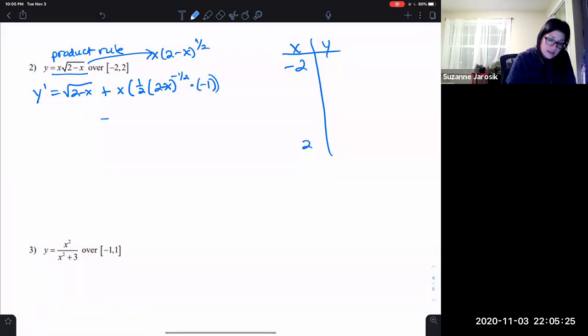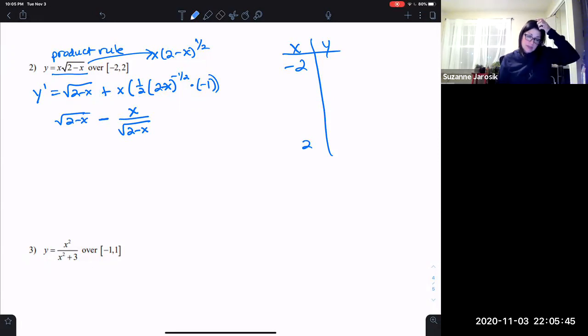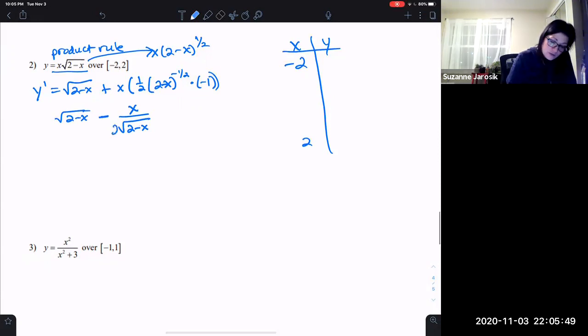So if I rewrite that, that would be minus 1 over square root of 2 minus x, and actually take that back. I have x over root 2 minus x, and I forgot the 2. I'm simplifying. Am I good now? I think I am.